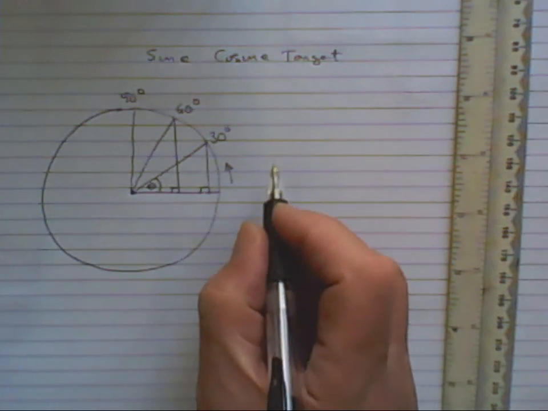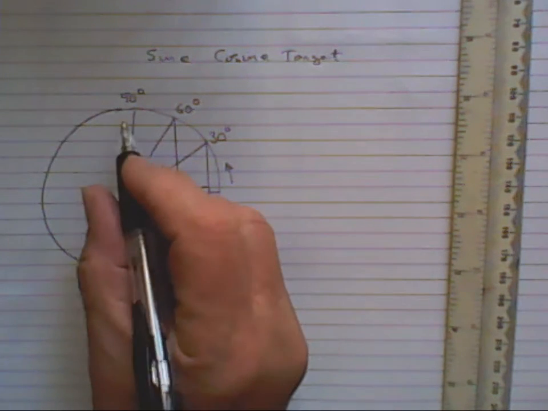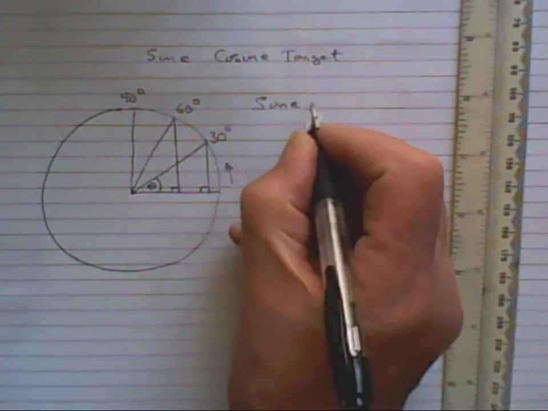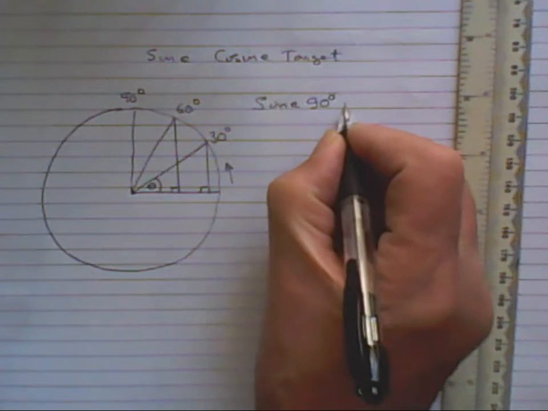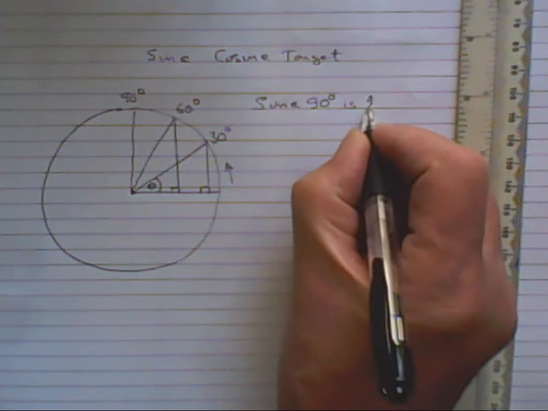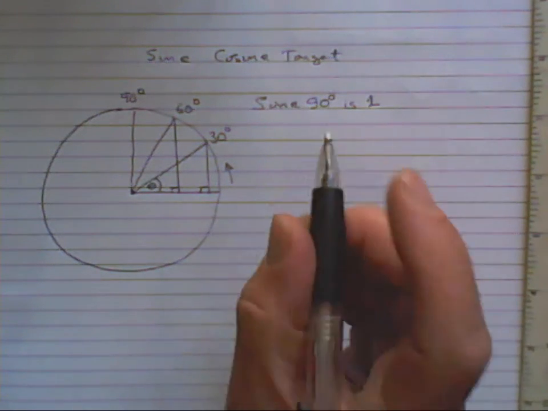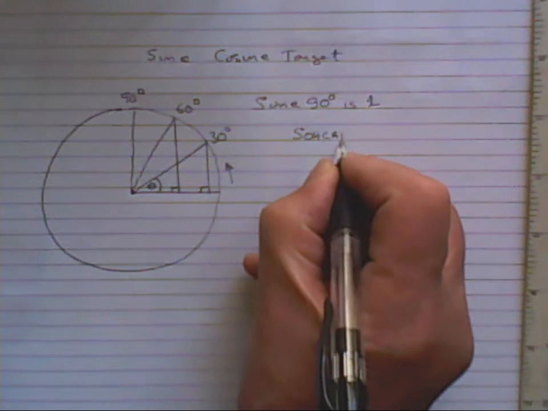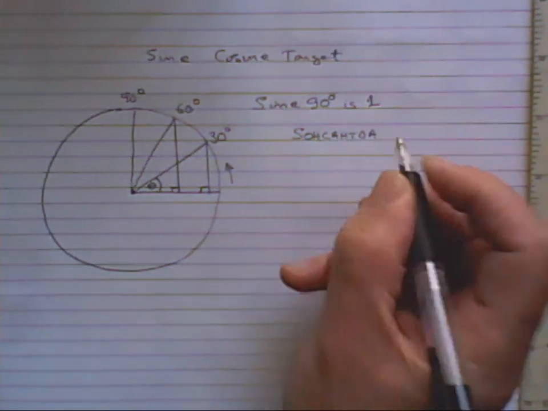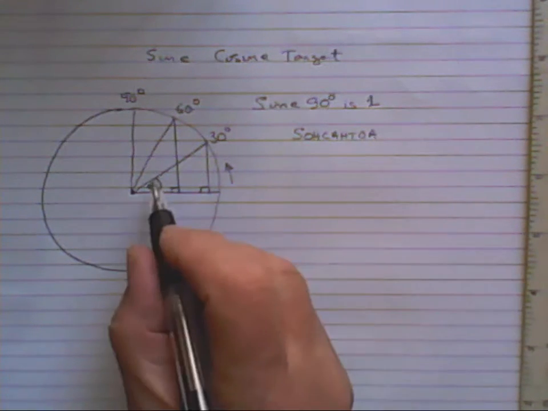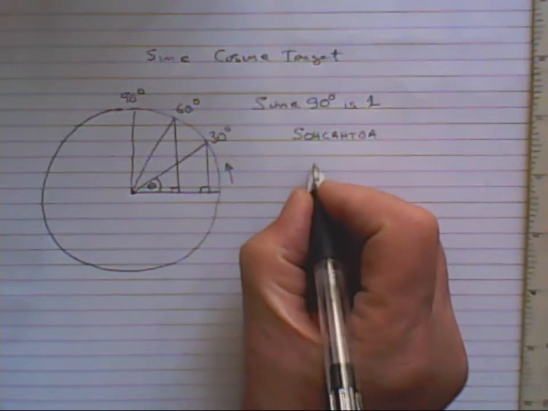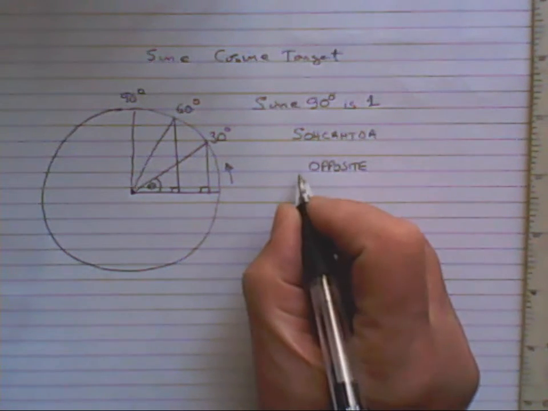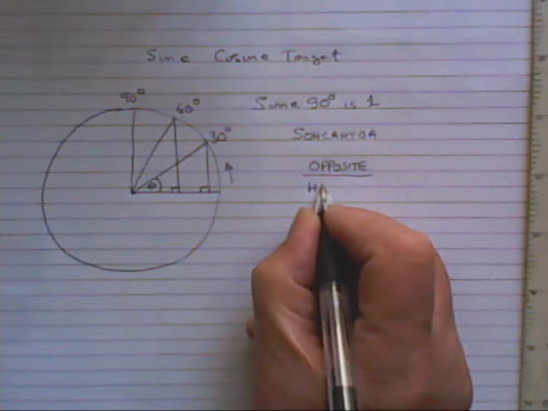Now we come to a strange phenomenon, because the sine of 90 is 1. But I'm sure you've been told that SOHCAHTOA tells us that the sine of an angle is the opposite divided by the hypotenuse.